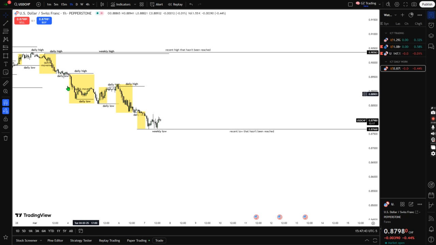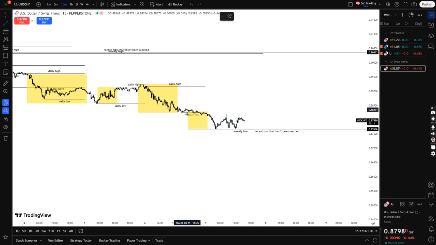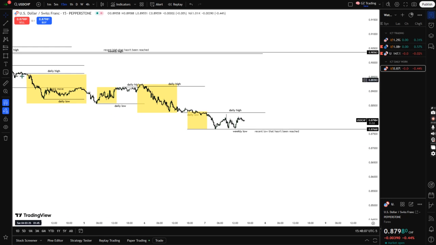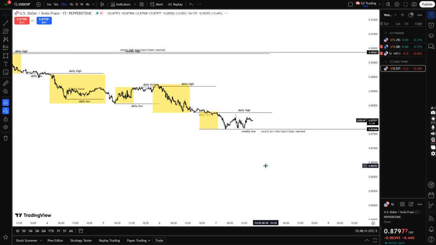While the weekly high is still the same, the daily high instead is just right here. And the daily low is the same as the weekly low.